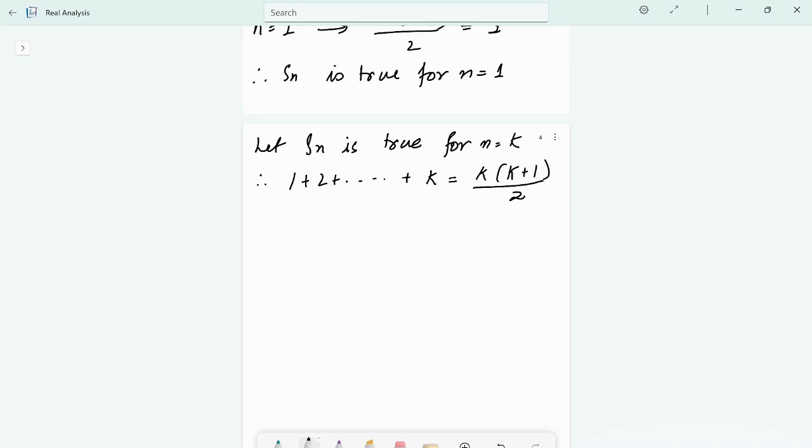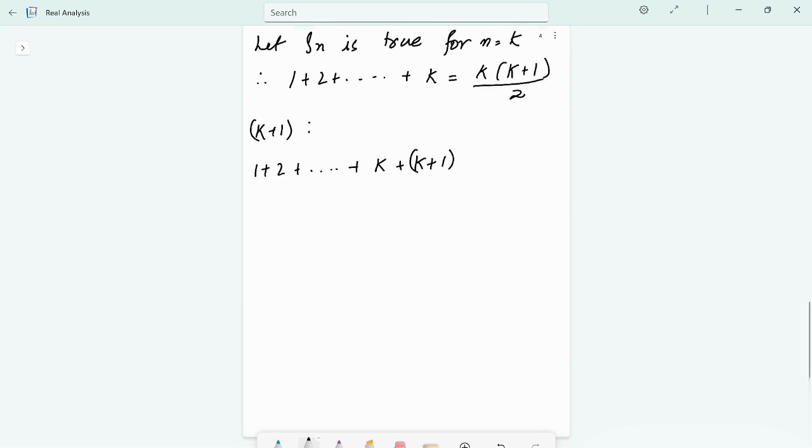Right? Now, when we take k plus 1, how will we write it? 1 plus 2 plus till k plus 1. For this, what will be the value? k times k plus 1 by 2, which is the value up to k, plus k plus 1.